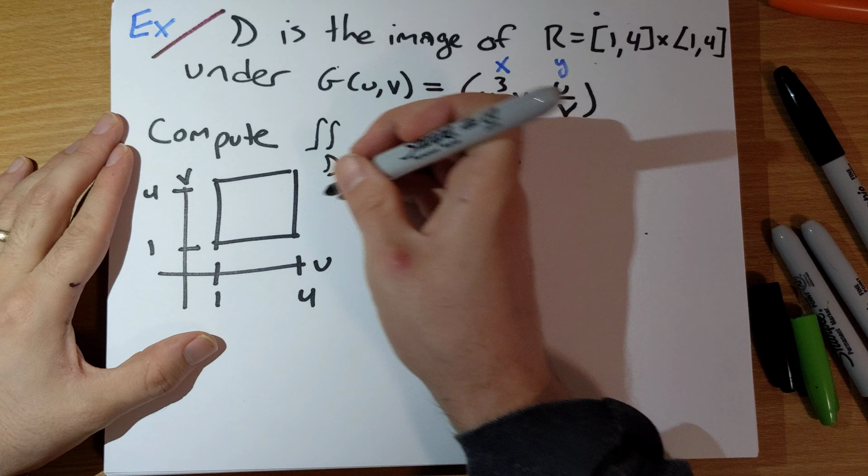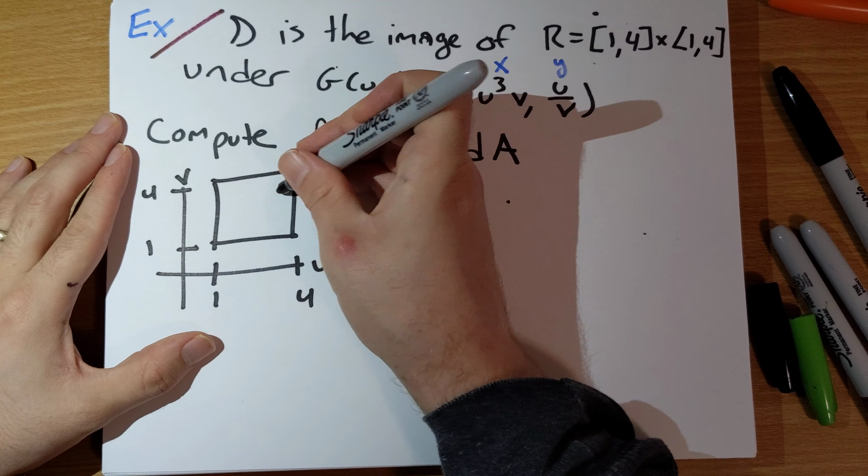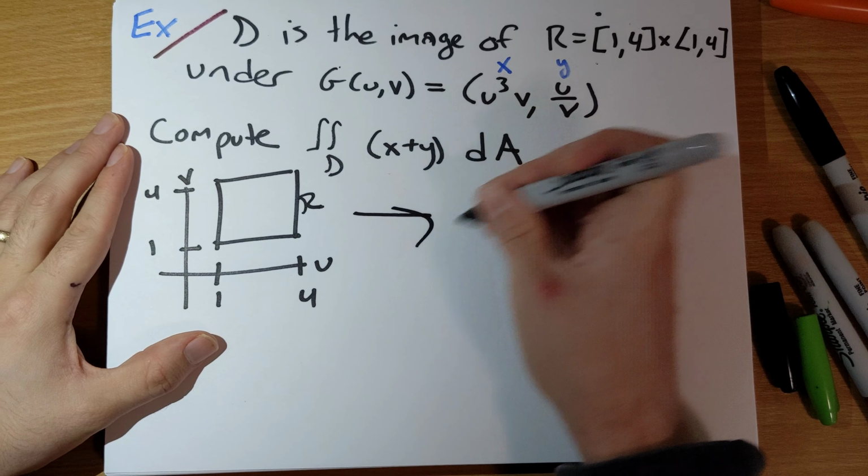Okay, D is what we end up with after mapping this region in the UV plane. So 1 to 4, 1 to 4. It's this region here. This is our region R here.